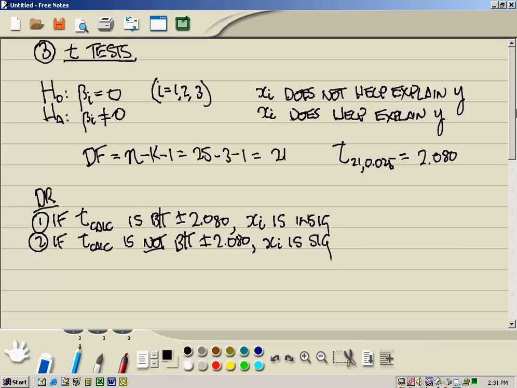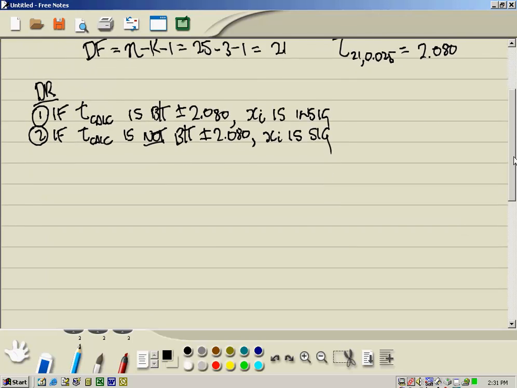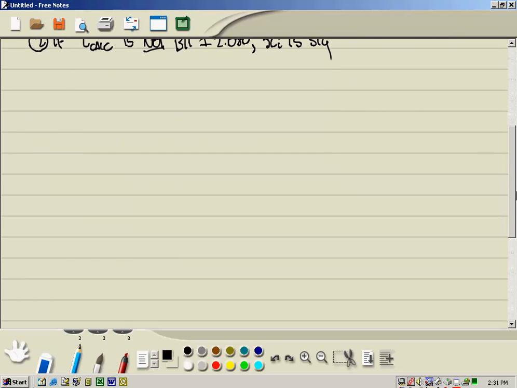At this point, we need to do our calculations. So first, for x1, t-calc is beta hat 1 divided by the standard error of beta hat 1.